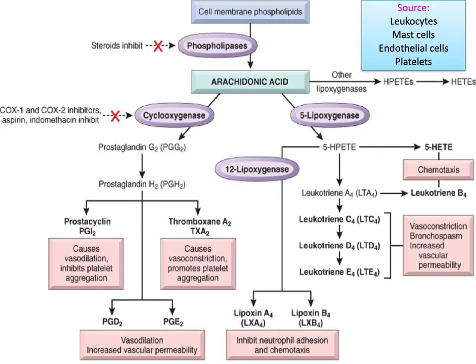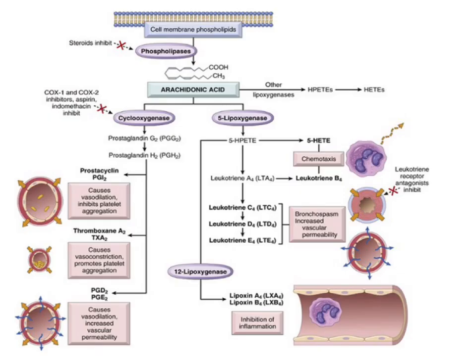We also have eicosanoids, which are produced from arachidonic acid. They produce prostaglandins, leukotrienes and lipoxygenases. We'll be talking about this in pharmacology. But one of the most important prostaglandins is thromboxane A2.